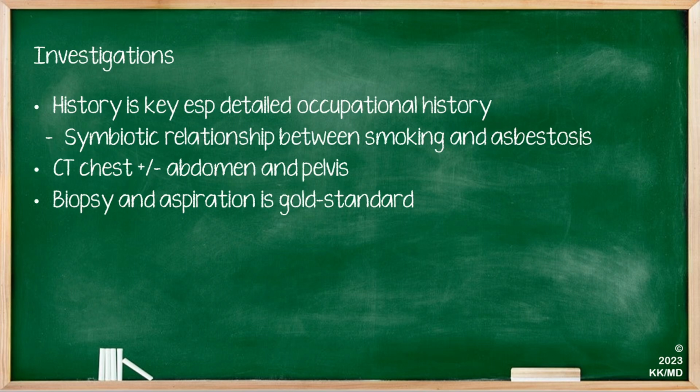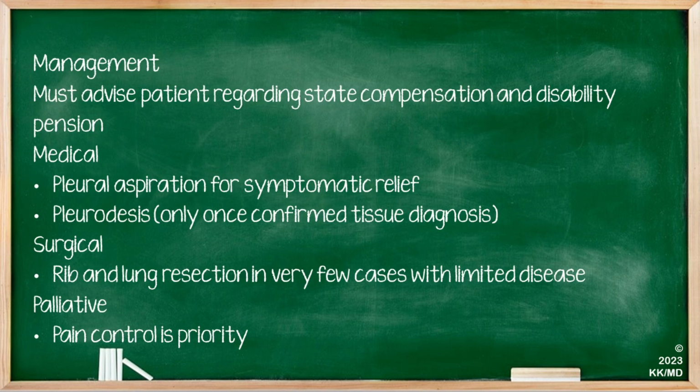Then you would move on to do some imaging in the form of an X-ray initially. However, if you're suspecting malignancy, carrying out a CT scan of the chest, plus minus abdomen and pelvis remains key. The gold standard of diagnosis for mesothelioma is biopsy and aspiration. The management of it is really surrounding a few things.